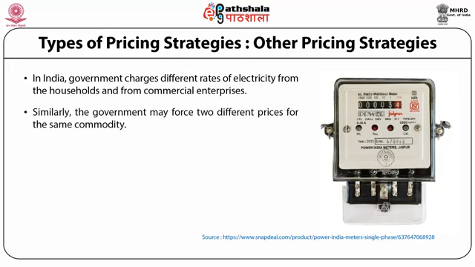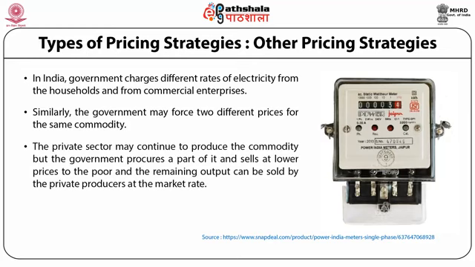Similarly, the government may enforce two different prices for the same commodity. The private sector may continue to produce the commodity, but the government procures a part of it and sells at lower prices to the poor, and the remaining output can be sold by the private producers at the market rate.